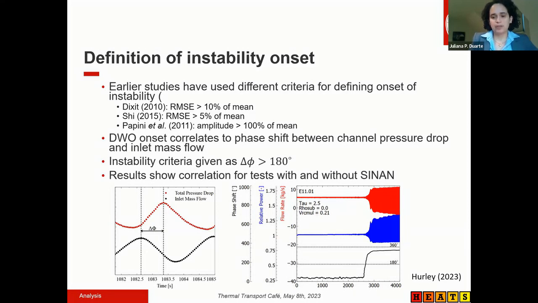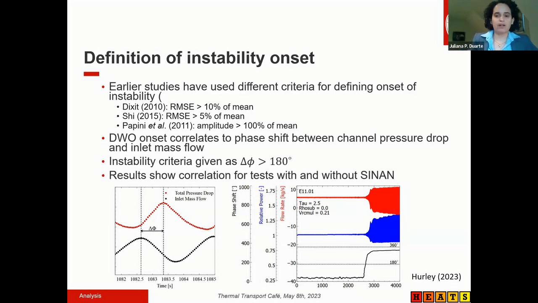In some experiments, it's very clear. I put an example here that is actually very clear. We have this growing oscillation in the mass flow rate, which leads to the power growing as well, and we observe the phase to rewet, and that's it.